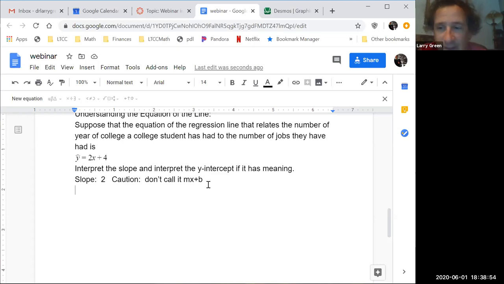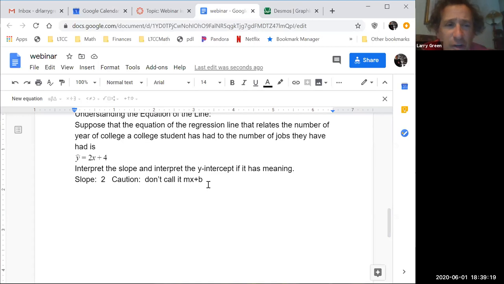I'm not going to use the letters m and b because that will zap you in the stats class. It's better to use the words than the letters because b is the opposite in statistics. Sorry about that, but don't blame me. I'm not the one that decides these things, but there is a reason. Okay, so the slope is 2.